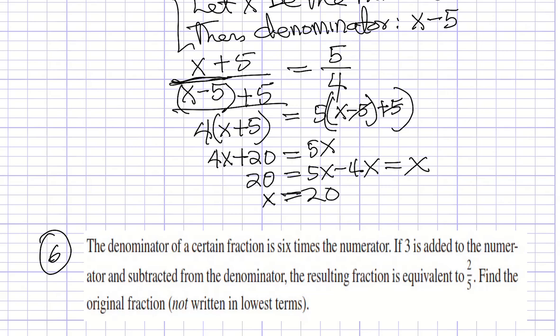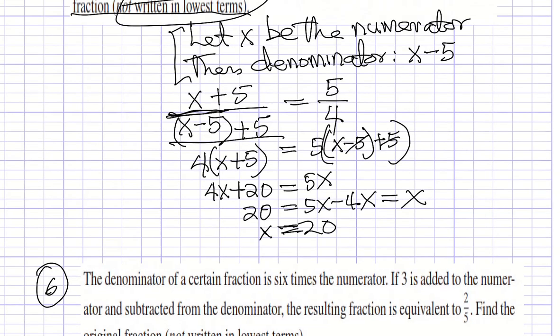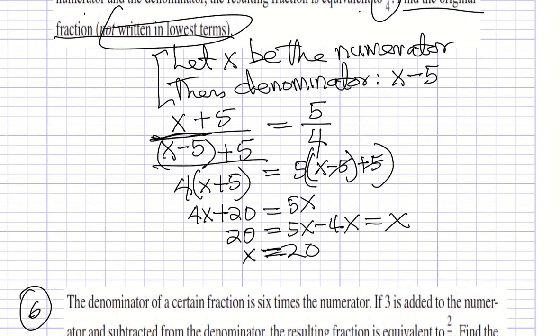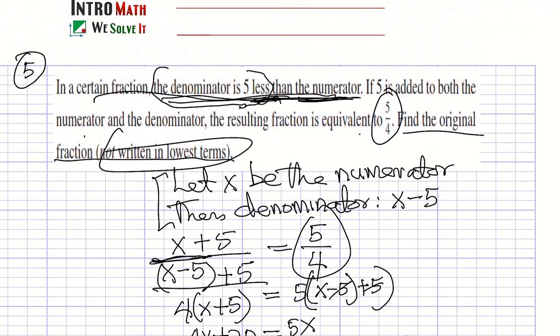That's what we got. Now, how do you reconstruct the fraction, though? The fraction is equivalent to that. How do you find the x? How do you reconstruct? See what they said there. You gotta go back.